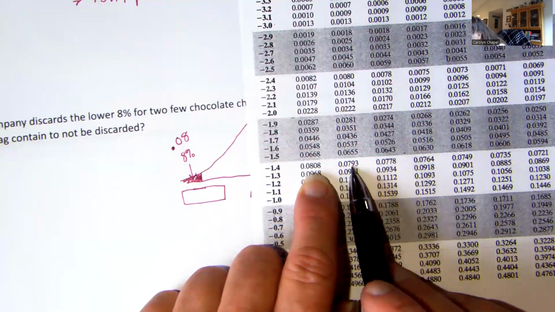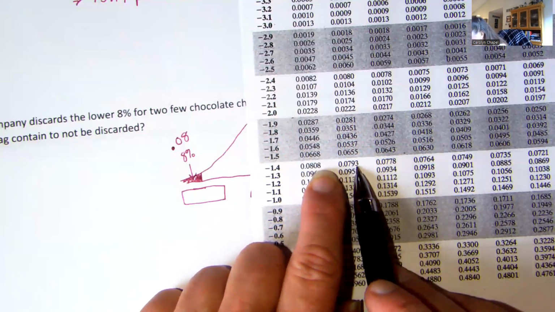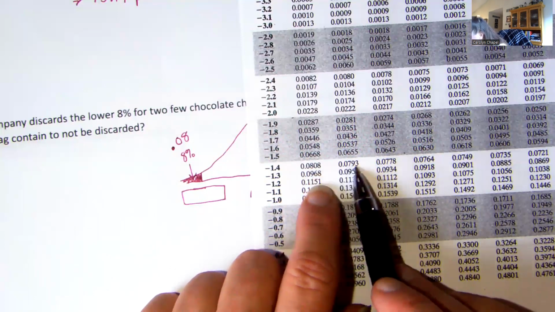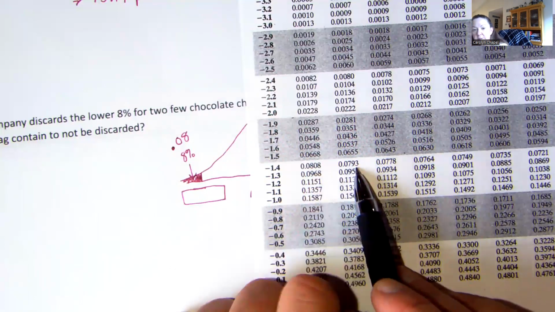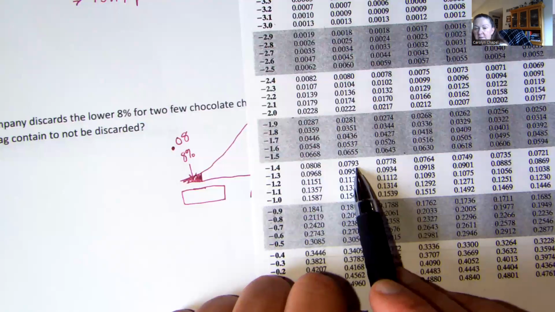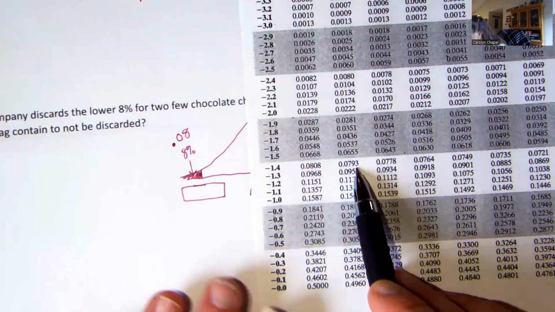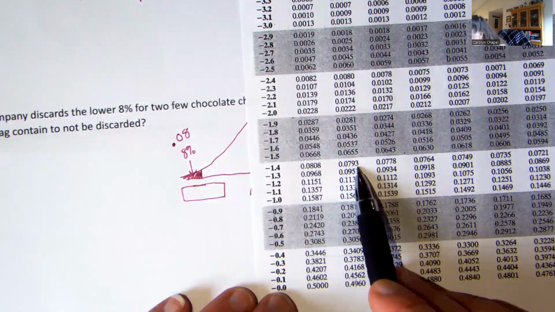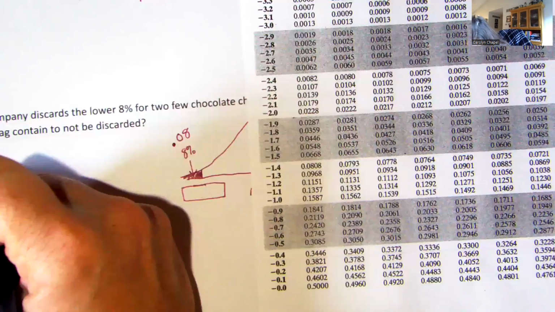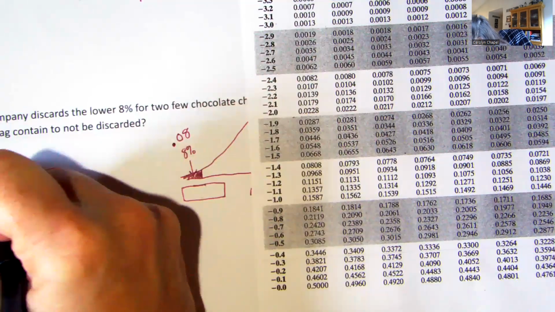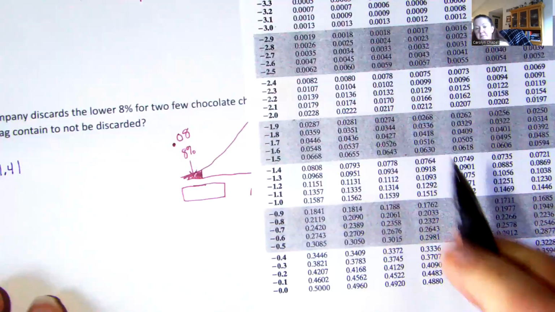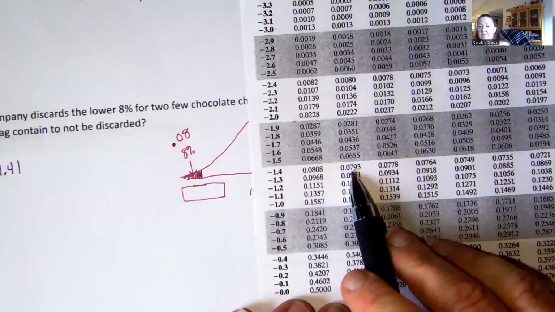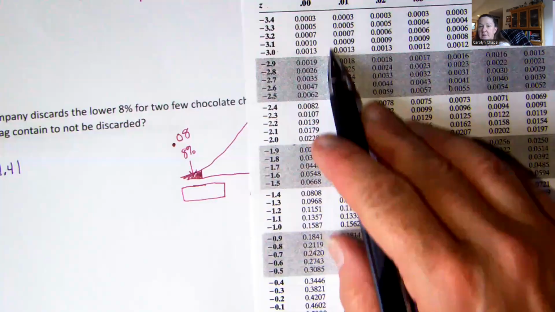This one is 0.0007 away, this one is 0.0008 away, doing my subtraction in my head. So this one is actually a little bit closer to 0.08. So the z value that I'm going to use is negative 1.41. That's negative 1.4, and then I went up to get my 1.